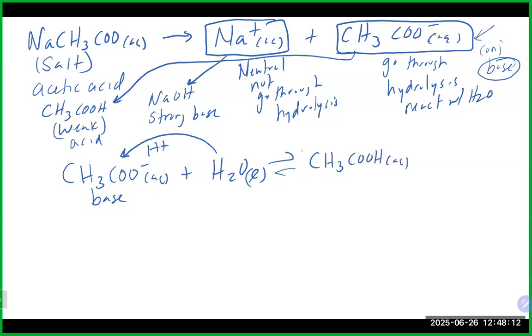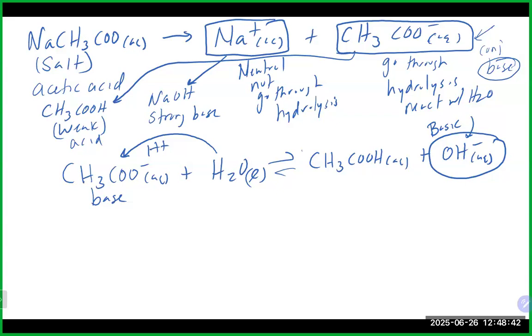So when a salt reacts with water, it will always produce where it came from. If you could figure out, I think it comes from acetic acid, that is what you're going to produce. But more importantly here, we are going to produce hydroxide. So without even doing a calculation, this solution should be acidic, basic, or neutral? This solution should be basic because we are producing free hydroxide in solution.